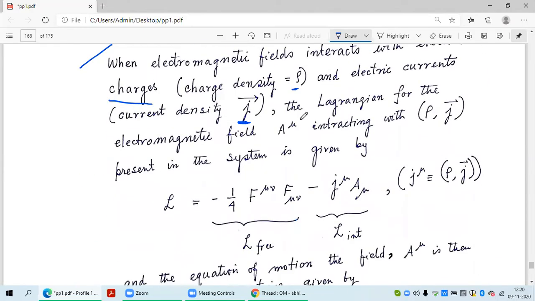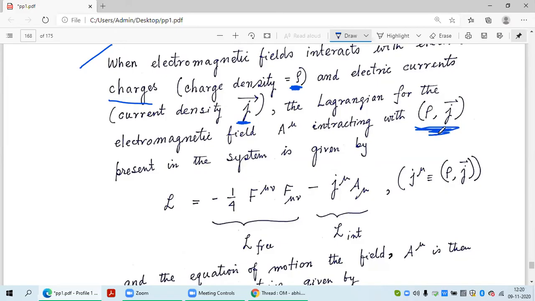Now you put electric charges inside the vacuum. In vacuum you have an electromagnetic field. Now you put electric charges and you pass currents through vacuum. That means you are introducing a charge density and a current density in general at every point in space-time. That means you are introducing a 4-current J mu at every point.